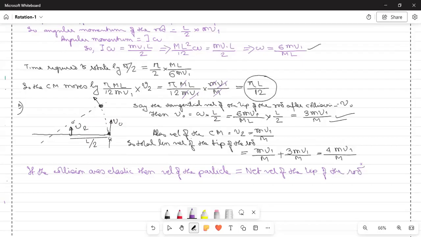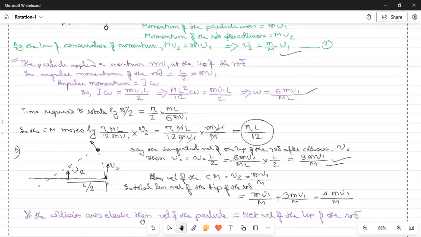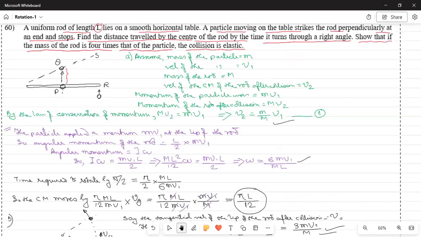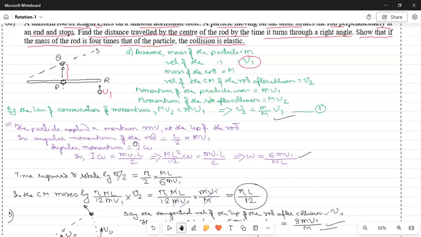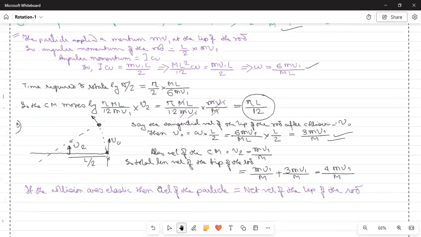And what was the velocity of the particle? Remember, we considered the velocity of the particle to be v1. That means this was considered to be v1, right? Velocity of the particle was v1.